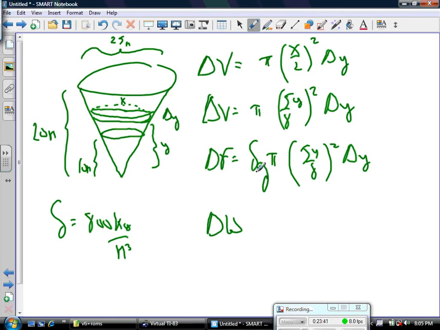Delta F is the force that slice is exerting due to gravity, the weight. Delta W is that force times how far you have to transport it. How far does this slice have to go to get to the top? If it's Y off the ground, and it has to get to 20, how far does it have to be transported? 20 minus Y.